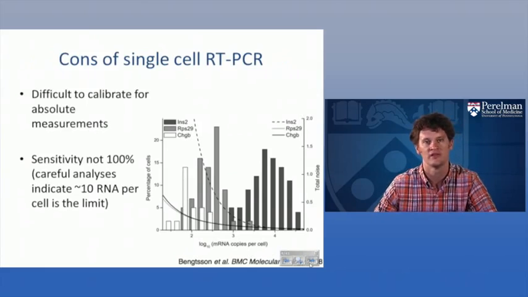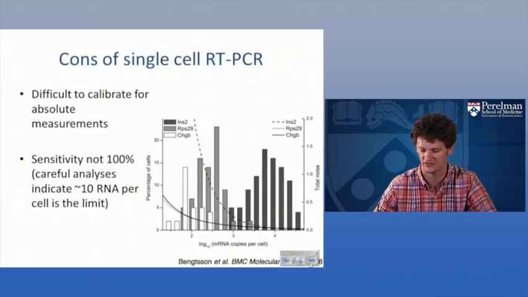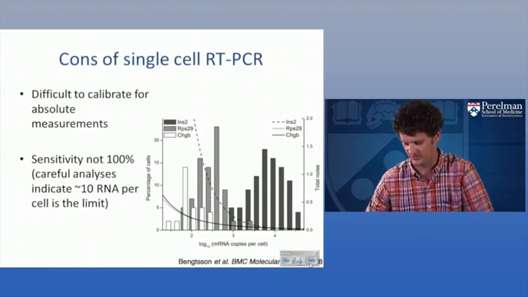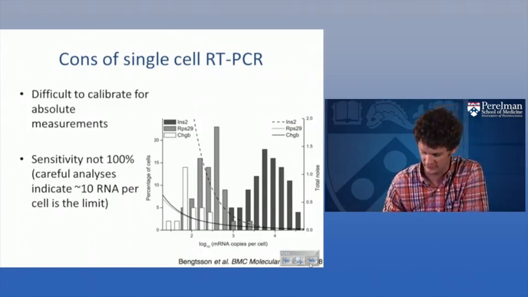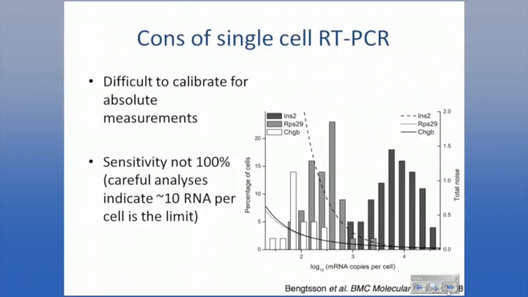Right, so people have done some fairly careful analysis, and this is just one of them that's cited here, where the bottom line is measured amounts of RNA per cell for different genes, where they have an idea what the actual expression level is, and these arrows here are the actual error rates.